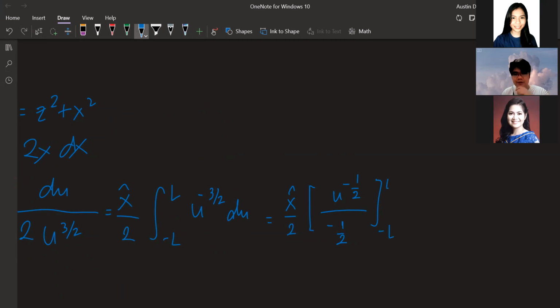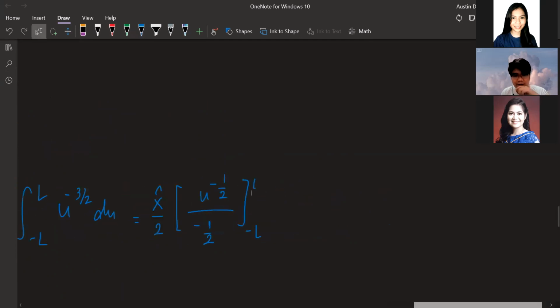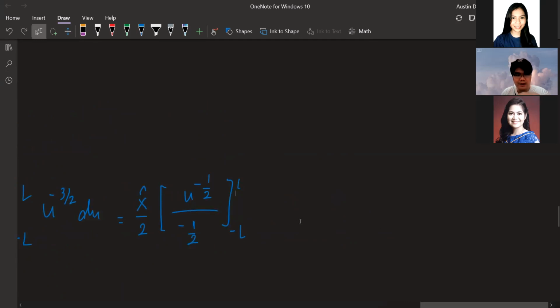Siyempre, babalik ka muna sa original variable mo para ma-solve to, di ba? So we have x hat over 2, tapos actually cancel na natin 2 tsaka 1 half, di ba? So dali. And I'm left with negative x hat.